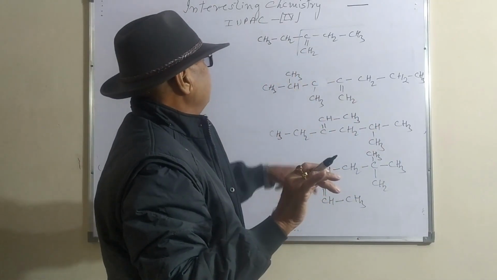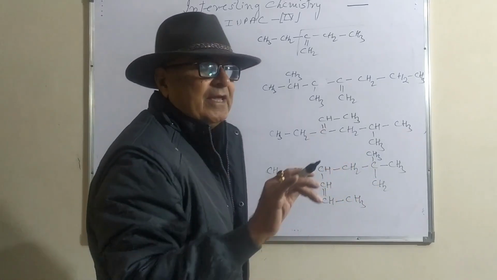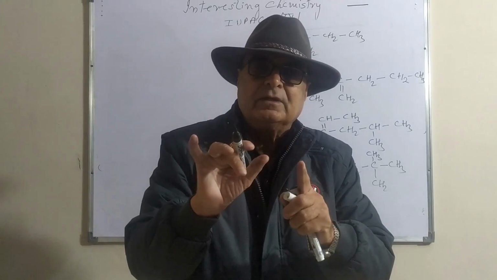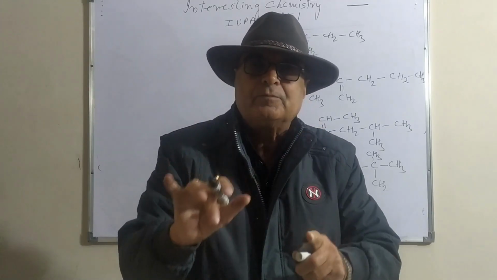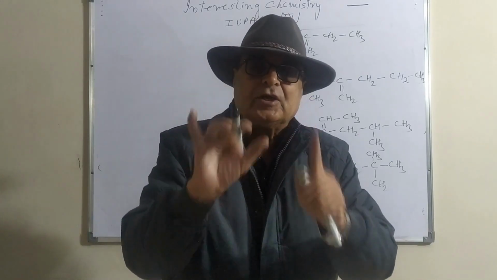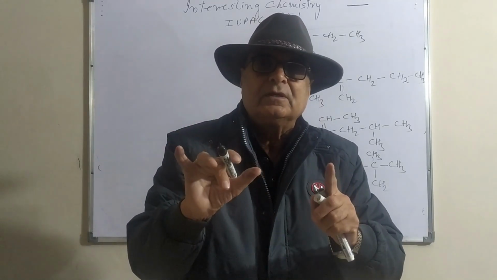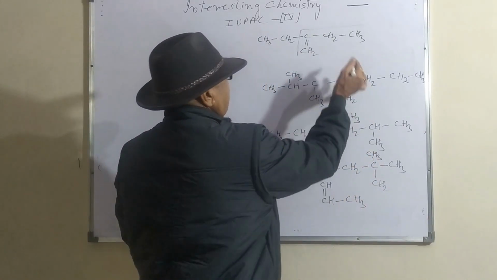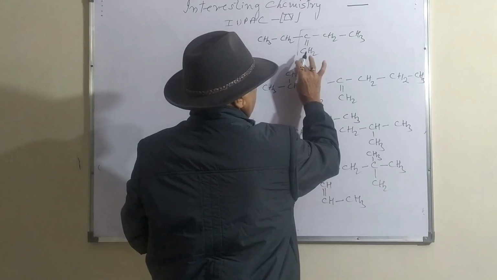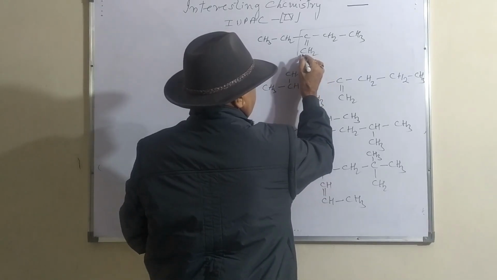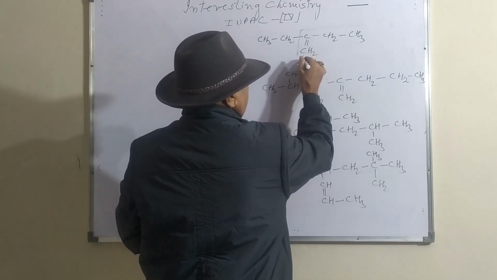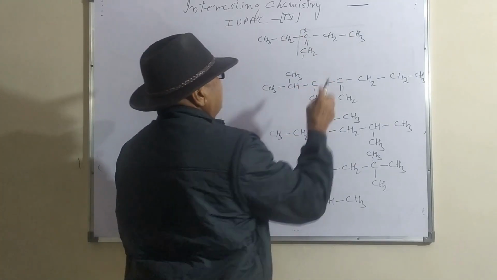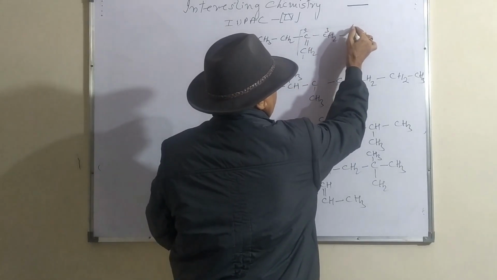So now give the numbers. Again, priority should be given to the double bond: the double bond must be given the least number in the longest chain. So when you start numbering this longest chain, this carbon will be 1, this will be 2, the third will be 3, and this will be 4.